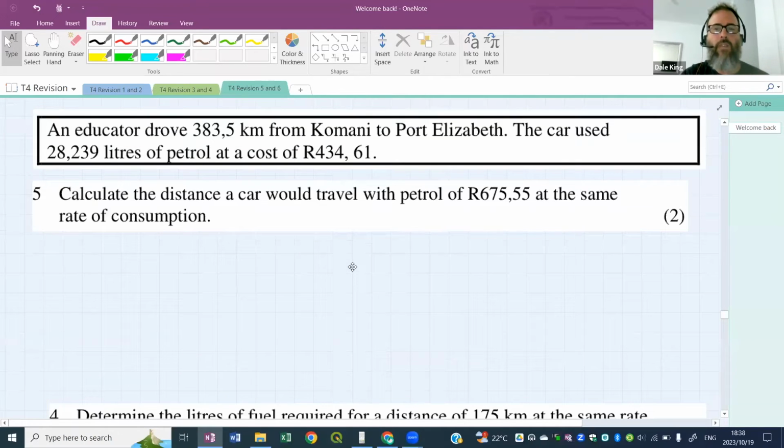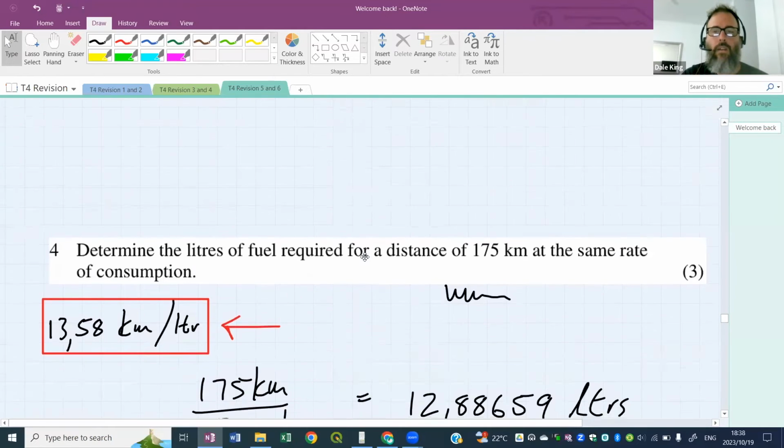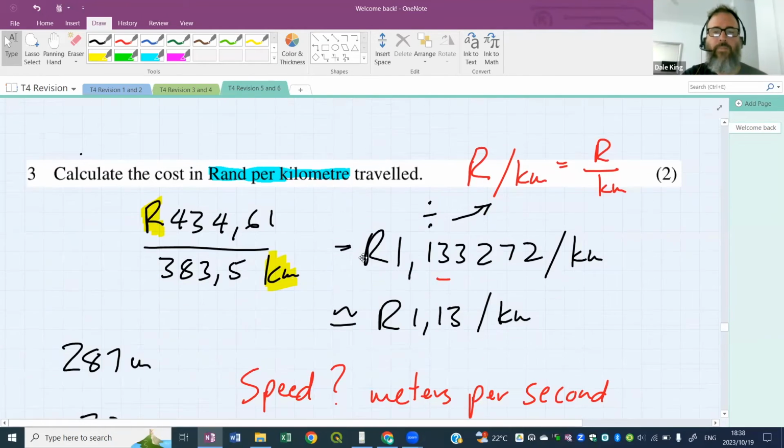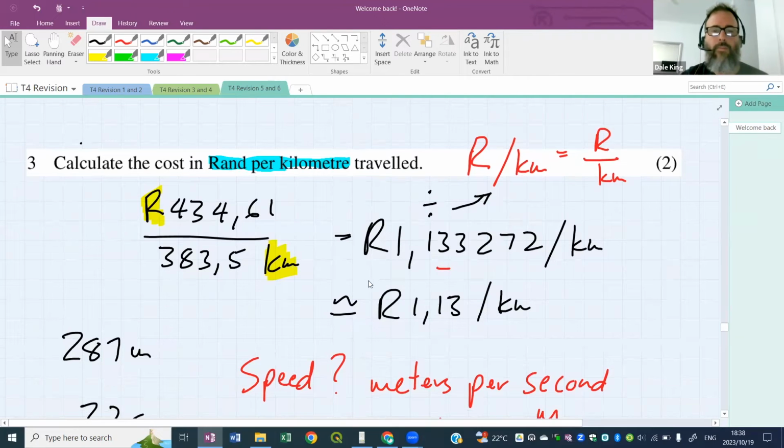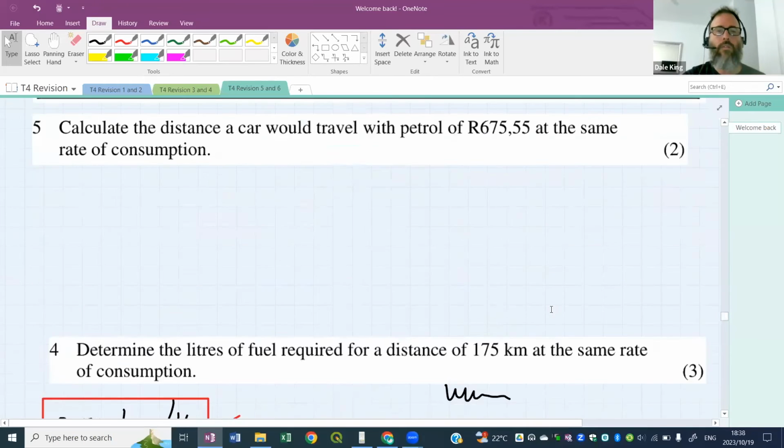Now you guys should have a lot of calculations and a lot of answers with you. I'm sure one of them can help you with this. How far with this many rands? Do we have a rand per kilometer answer somewhere? Yes, we do. Question 3. There's question 3's answer, rands per kilometer.